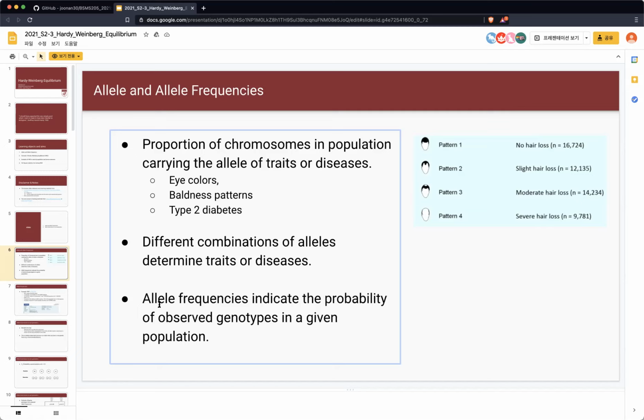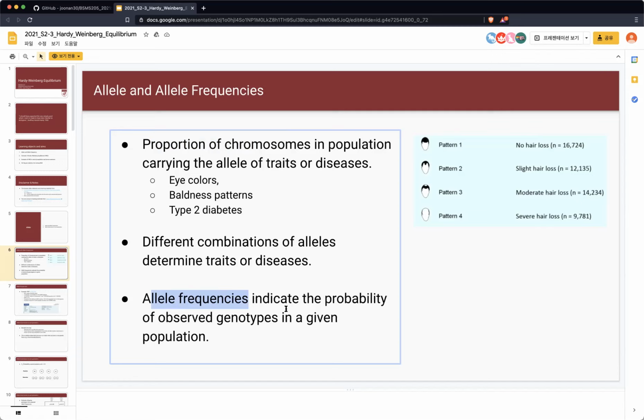Okay, and allele frequency means the proportion of the alleles in the chromosomes in a population. For simplicity, we call it allele frequency, and this indicates the probability of observed genotypes in a given population.